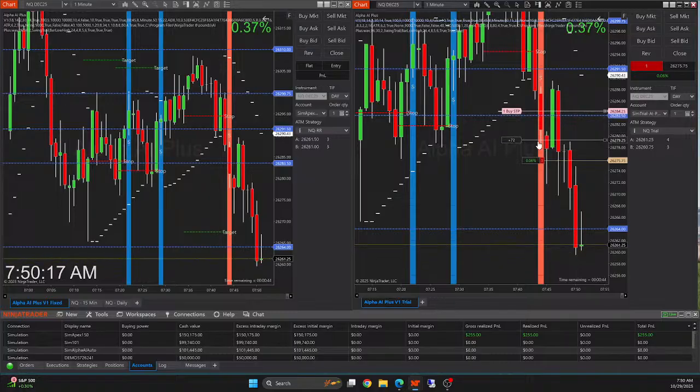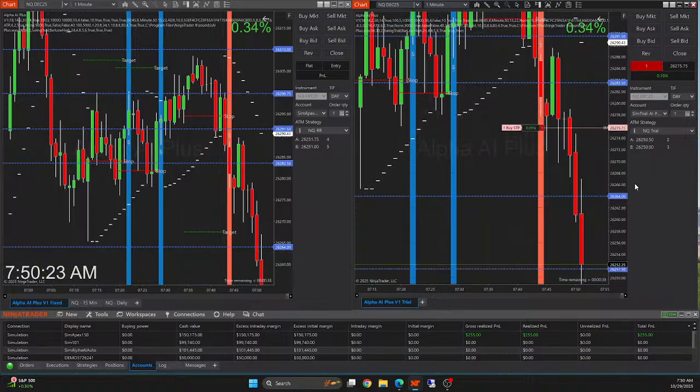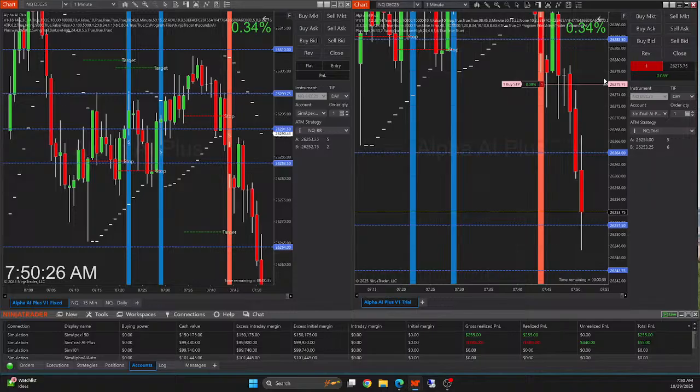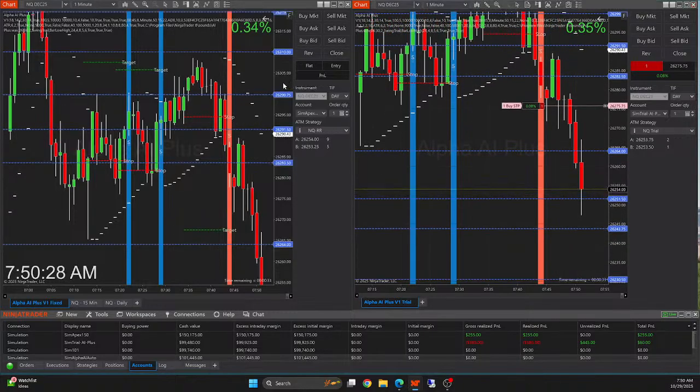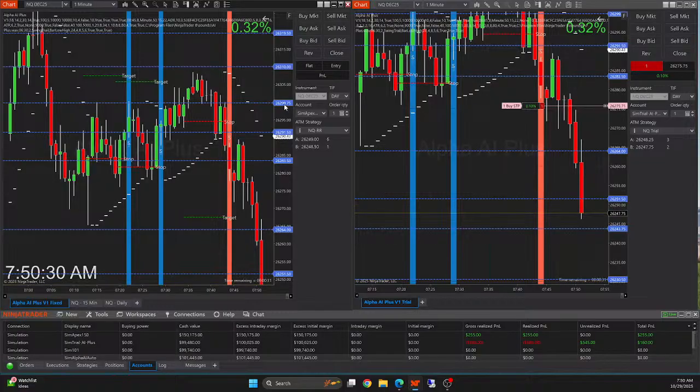I'll move it here right now. Actually, I can add break even now. So I'm at break even now for the trailing one. Order canceled. I'm still moving down. And once this bar closes, I'm going to move my stop loss right here to get some profit.